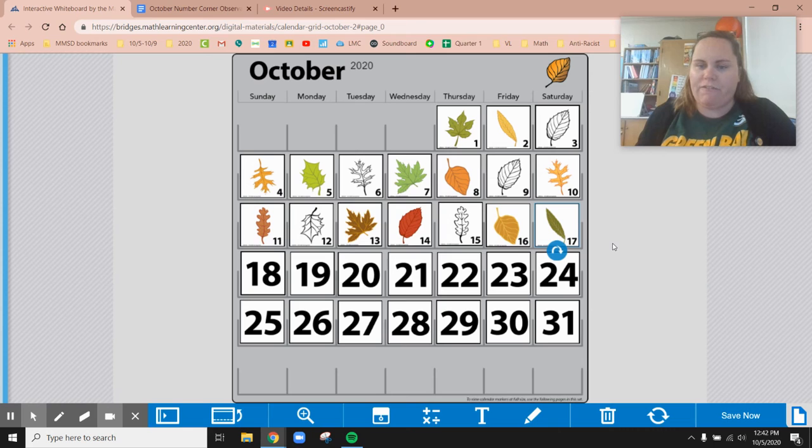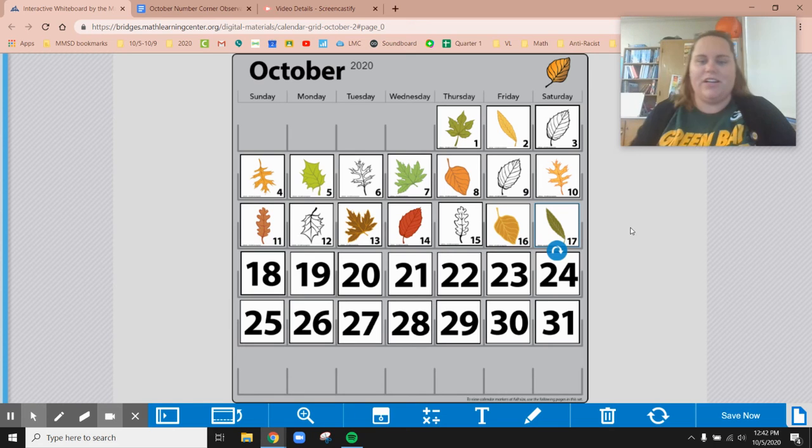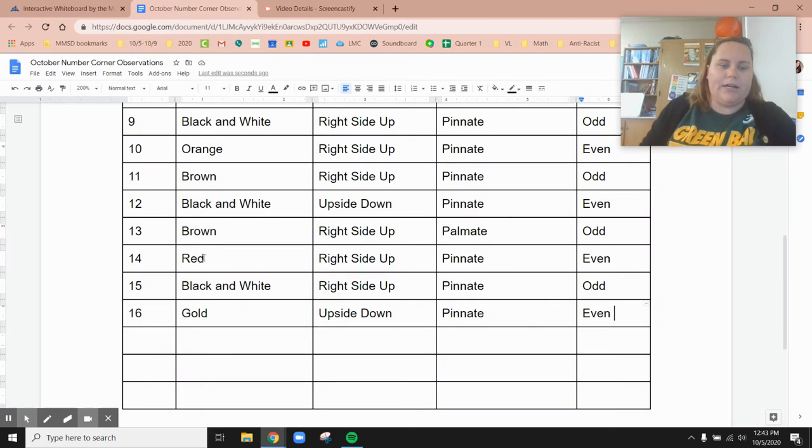Ooh, a new leaf. So before we go to our observations data, let's look at what we have here. I notice that it's October 17th. It's a green leaf. It's right side up, and it's definitely a pinnate leaf, right? Very cool. So I'm going to come over here. It is the 17th.